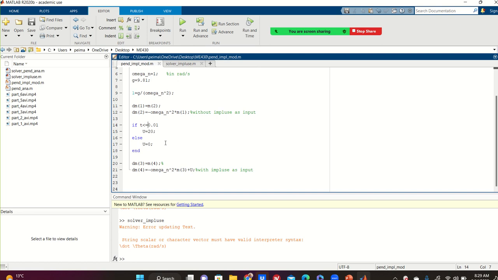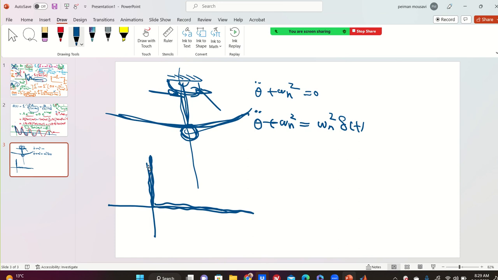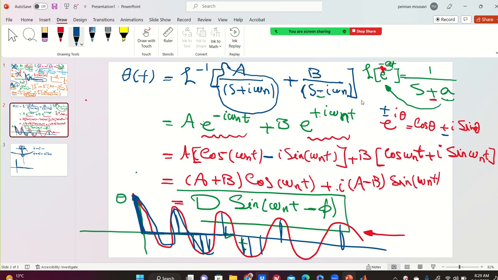So, to be consistent with what I said, you have to say omega n squared multiplied by u. Remember? Look at here, guys, with what I developed here.